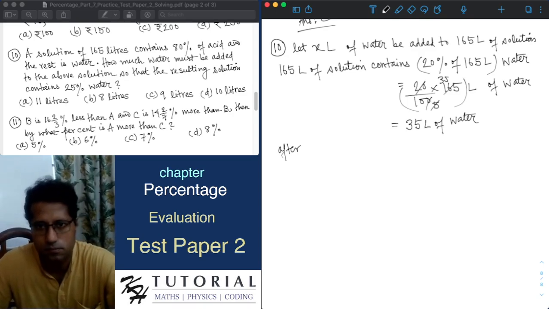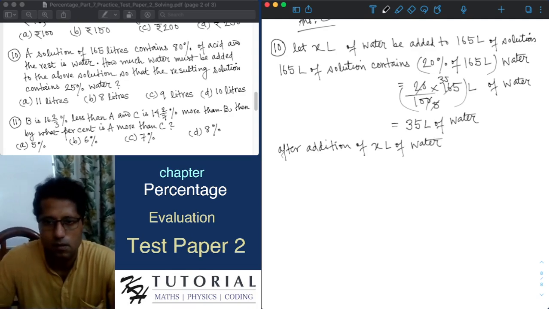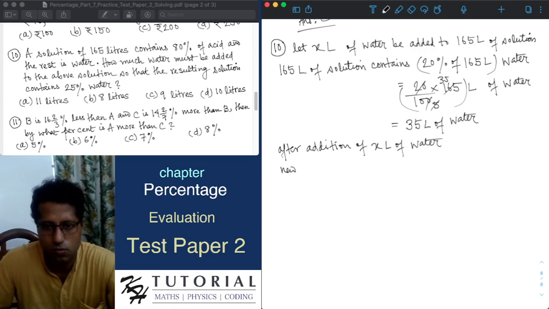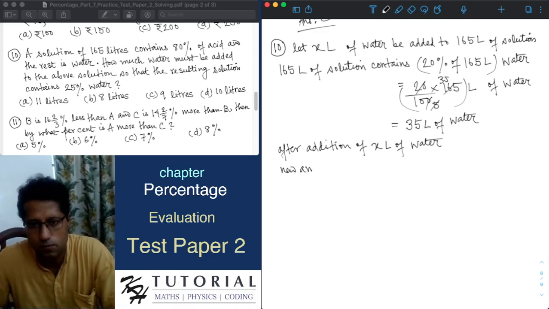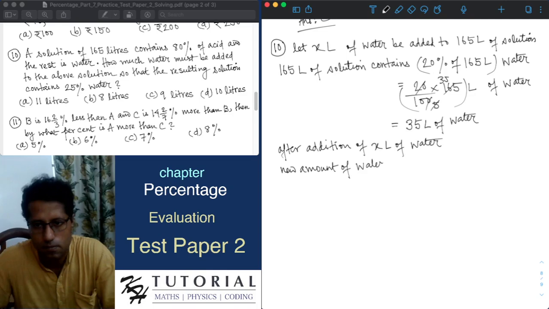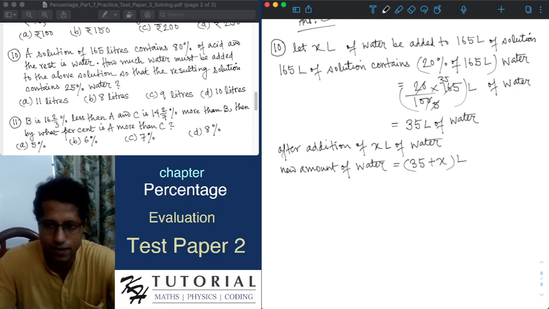So after addition of x liters of water, the new amount of water is 35 plus x liters. 35 was the original amount of water in the 165 liters of solution and we have added x liters of water.